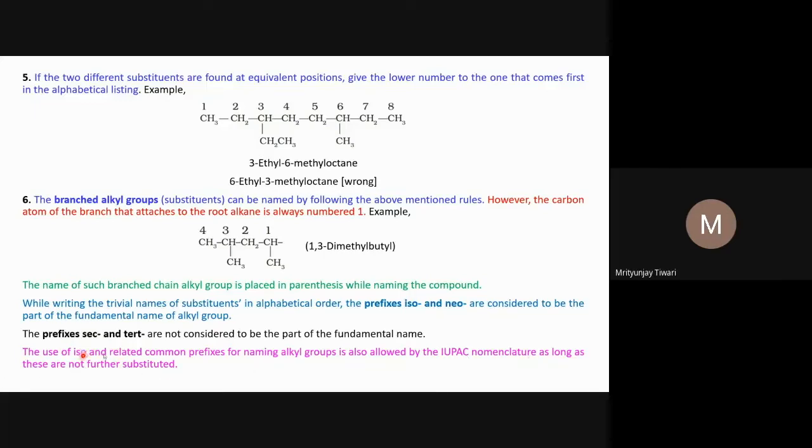As long as this isopropyl group, isobutyl group, neopentyl group have no further branching, then these groups can also be considered in the IUPAC nomenclature, as I have said earlier.